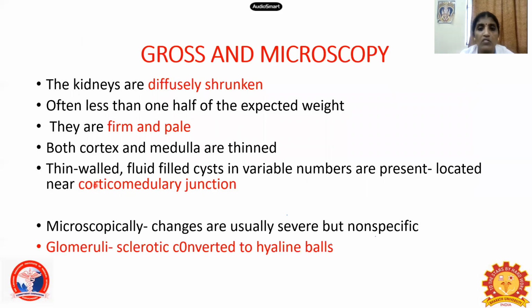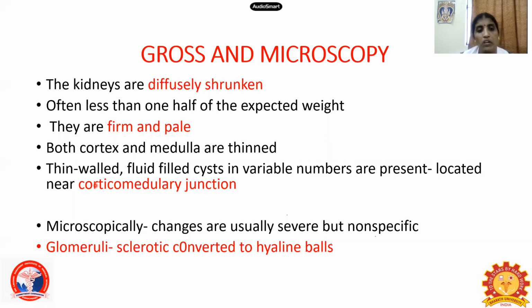Then the gross and microscopic appearance of nephronophthisis includes kidneys that are diffusely shrunken. As I already told you, wherever a word ends with phthisis, it means diffusely shrunken, often less than half of the expected weight. They are firm and pale, because any tissue which is shrunken and fibrosed is obviously going to be firmer and harder, and since it is shrunken, it will be pale in color.